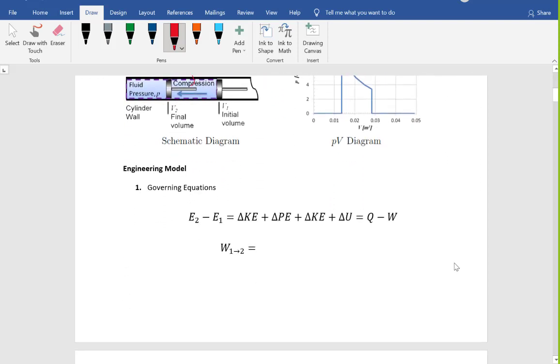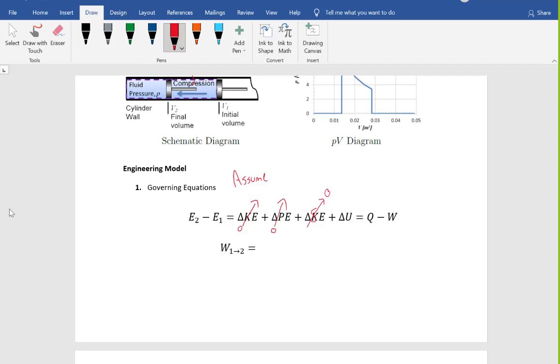So the next part of our process is, what's the governing equation, right? So here we have our governing equation, but we can already start to make assumptions. So I'm going to assume that delta KE is 0, that delta PE is 0. This should be delta SE. I'm going to assume that's 0 too. So the problem kind of told me that, but my advice to you is always going to be to write down the whole equation, in its entire form, and then you can start to cross things out.